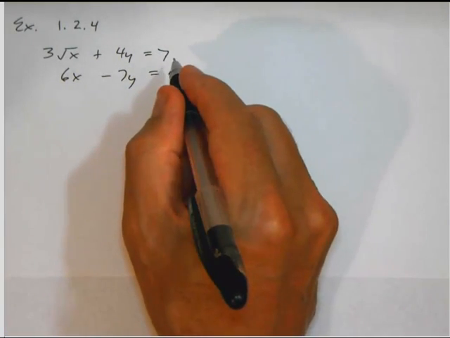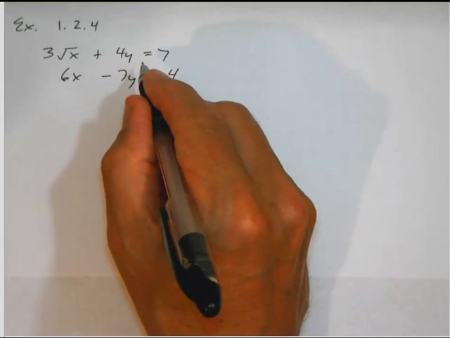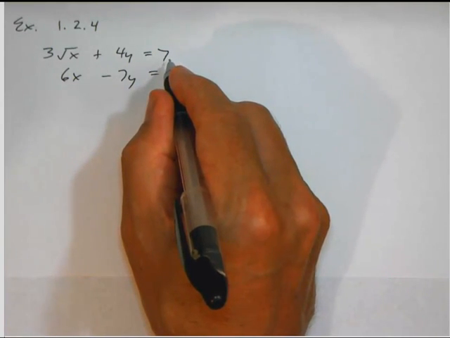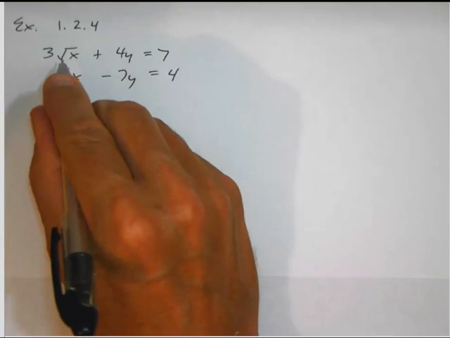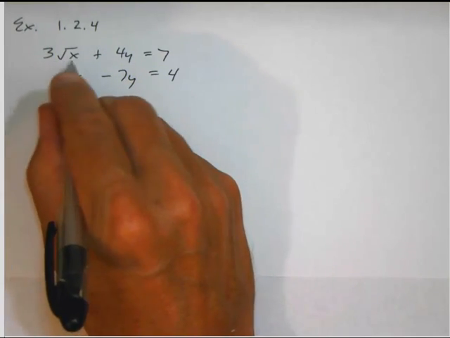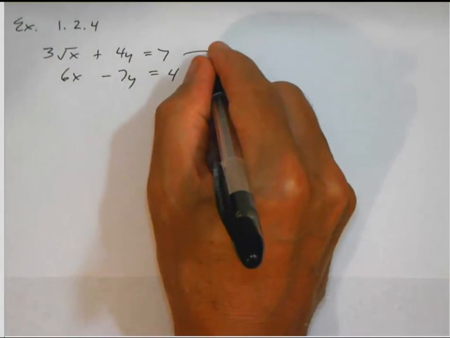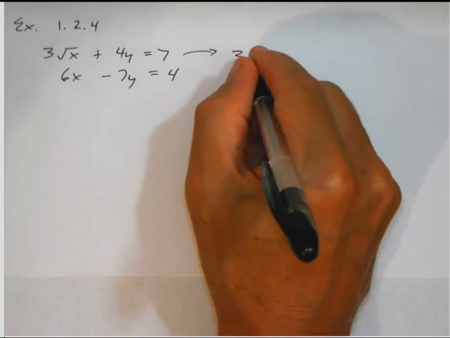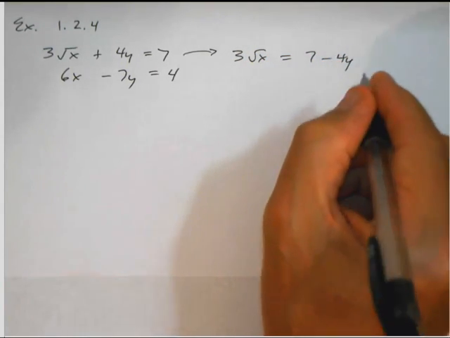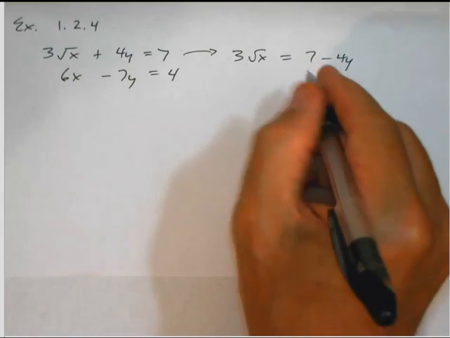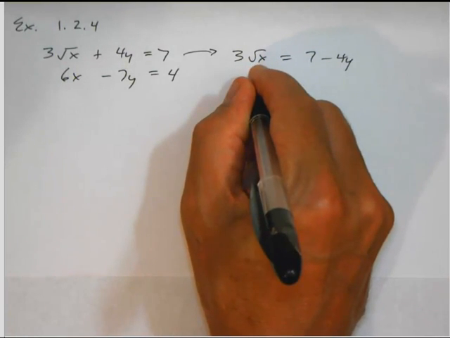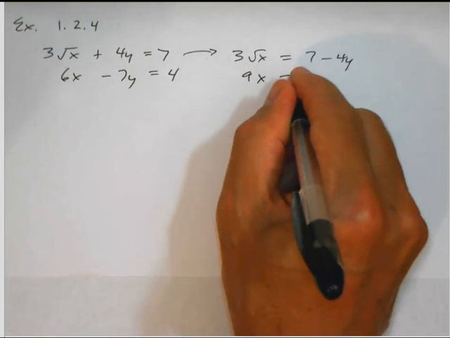Sometimes you take one more look to make sure that if you did something algebraically, could you rewrite it as a linear equation? But in this case, what really can you do? If you were to isolate 3 square roots of x on this side, in other words, 3 square roots of x equals 7 minus 4y, and then you squared both sides as a kind of desperate effort to get rid of the square root of x, this would now leave you with 9x, so there's some success there.